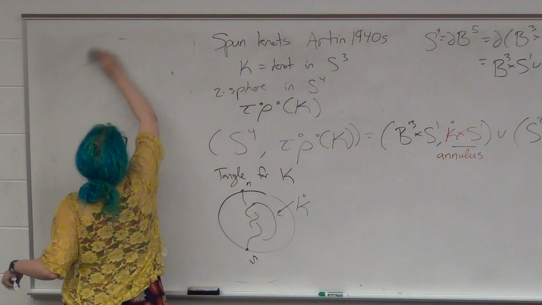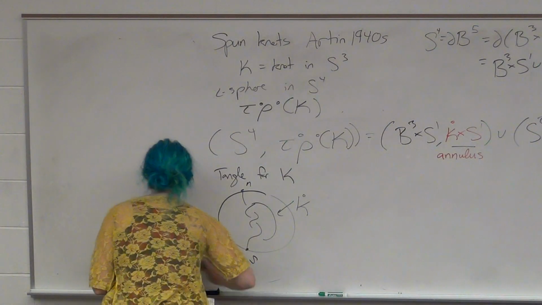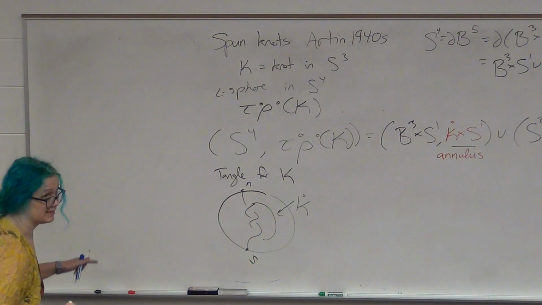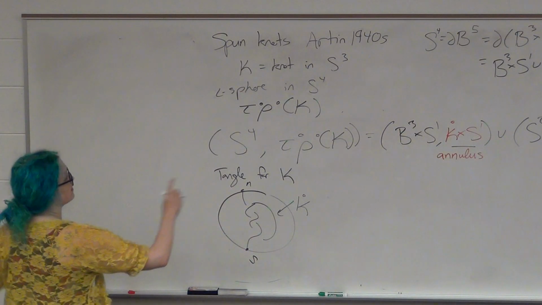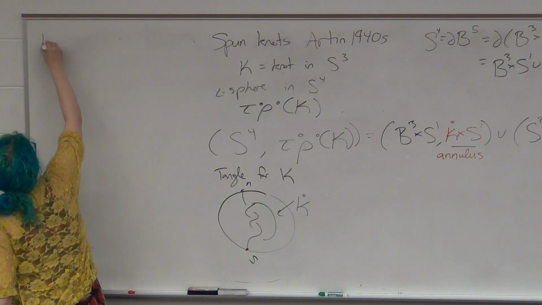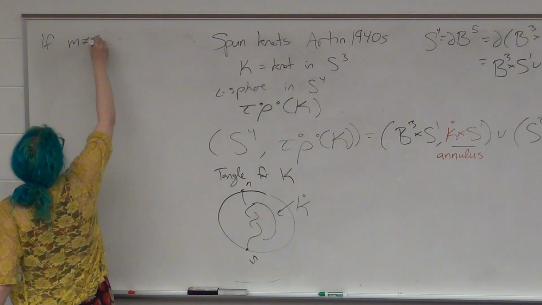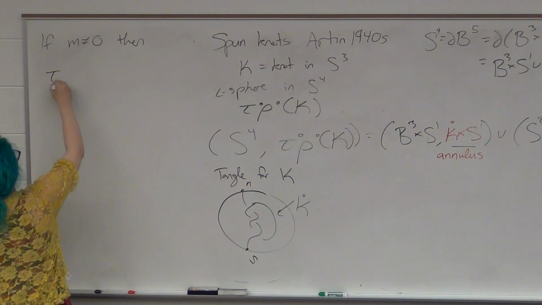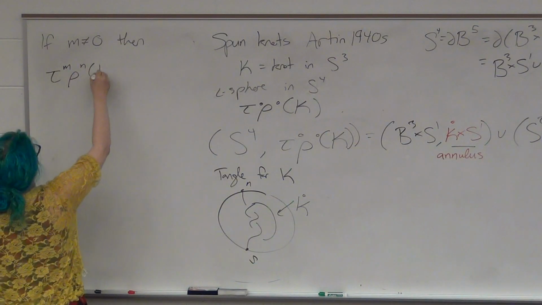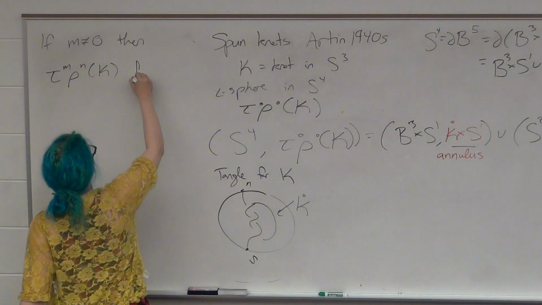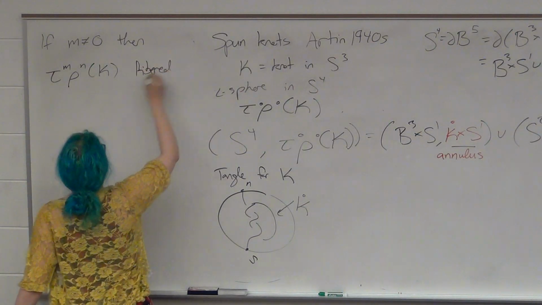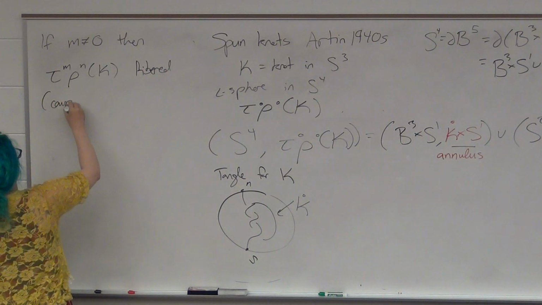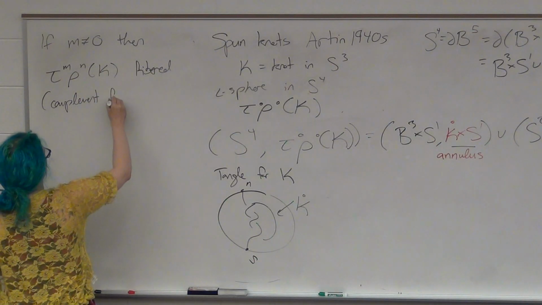So in these two papers, Zeeman and Litherland make the following observation, which I'm going to point out because it's kind of important. As long as I twist a non-zero number of times, then it's the case that the twist-roll spun knot τ_m ρ_n of K is fibered, in the same sense as a classical knot: the complement fibers over S^1.